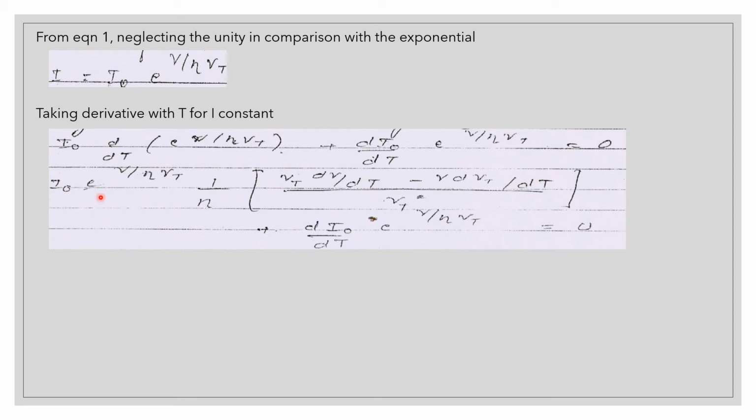Then I0 e^(V/ηVt) (1/η Vt)(dV/dT − V (dVt/dT)/Vt) + (dI0/dT) e^(V/ηVt) = 0.